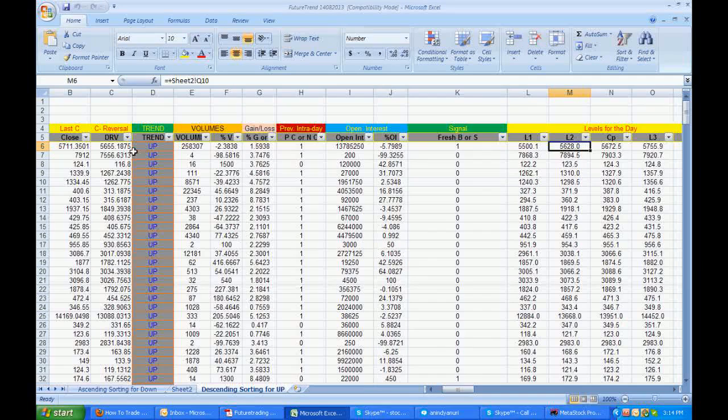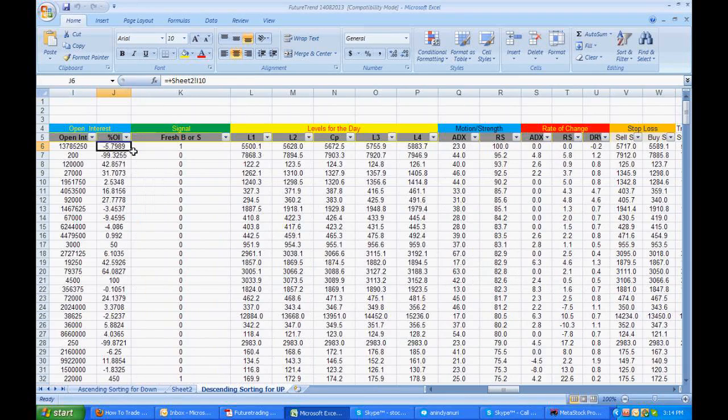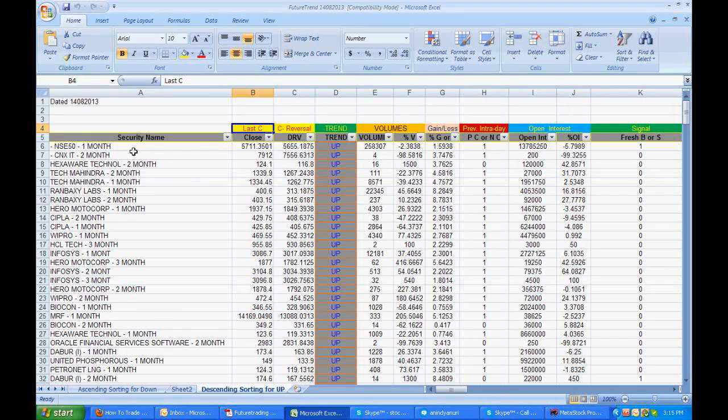First I will introduce you to the columns. That's the security name. Then LC, last C, is the last closing price.